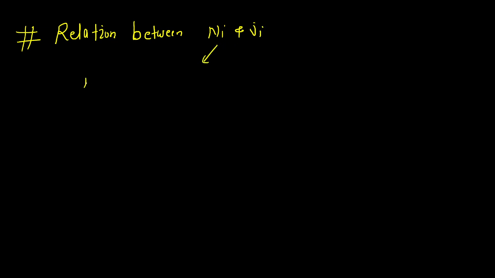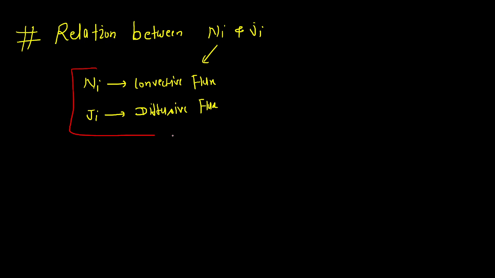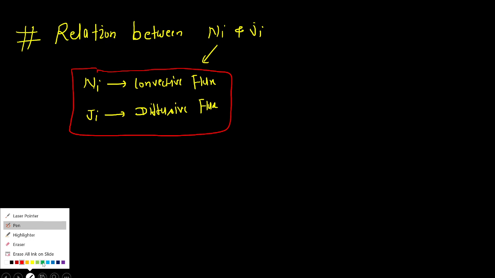Here Ni is our convective flux and Gi is the diffusive flux. I hope the terminology Ni and Gi is clear to all of you. Now we have to find the relation between these two terms, right?